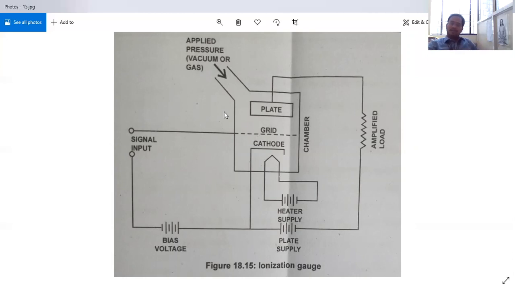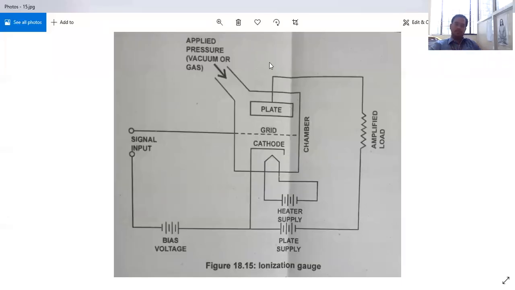Depending upon the electrons emitted and the recorded current value in the output signal, we will come to a conclusion whether the applied pressure is high or low.